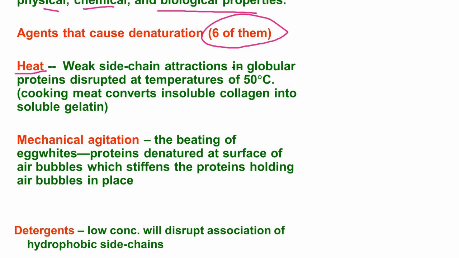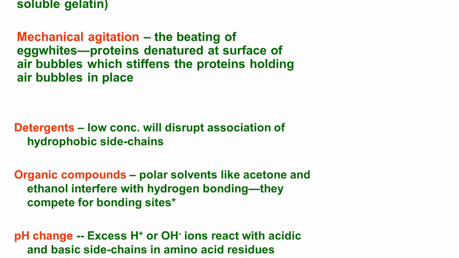Well, if you have a globular protein and you have attractions between the side chains, and the temperature gets up to 50 or above, that's going to weaken those attractions between the side chains, therefore causing the protein to unfold. When you cook meat, it converts insoluble collagen into a soluble gelatin.